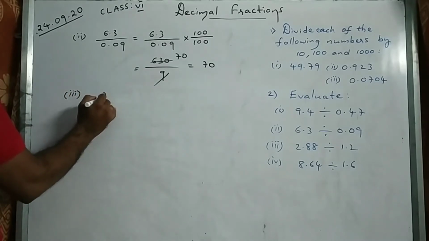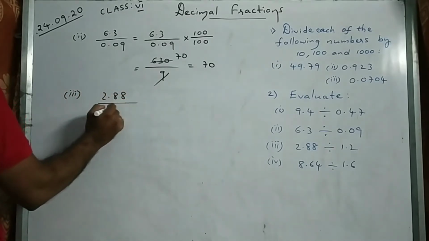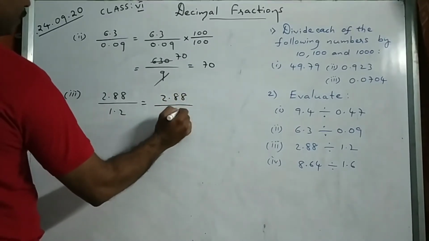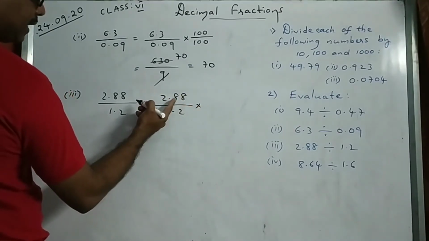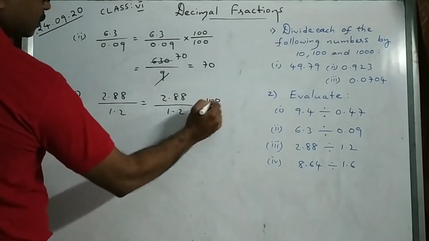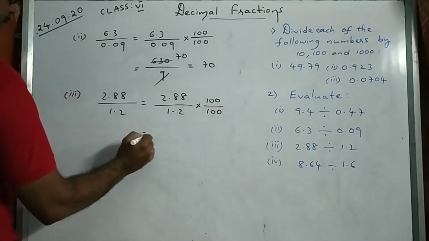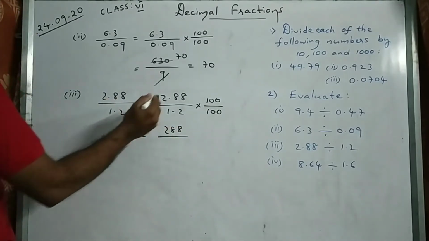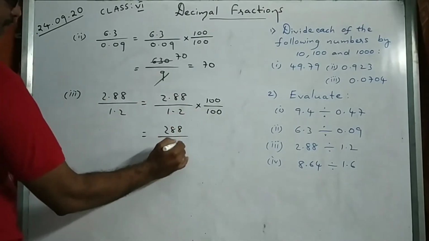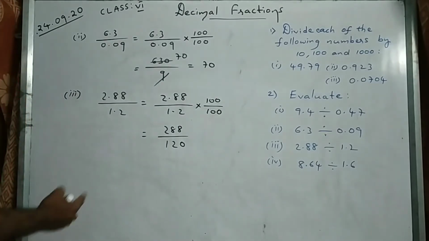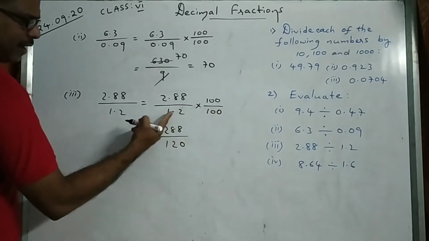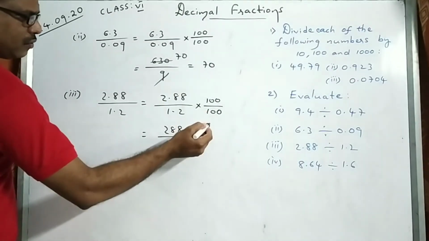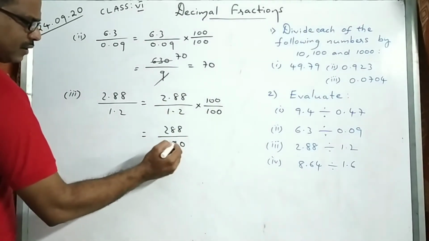Try to understand. 2.88 by 1.2. 2.88 by 1.2, here also after the decimal we have 2 digits. So 100 by 100. That means this will be 288 upon 120, is it not? Because here 2 zeros we have, and here only 1 digit is there after the decimal. So it is moving towards the right side 2 digits. So 120 will come.